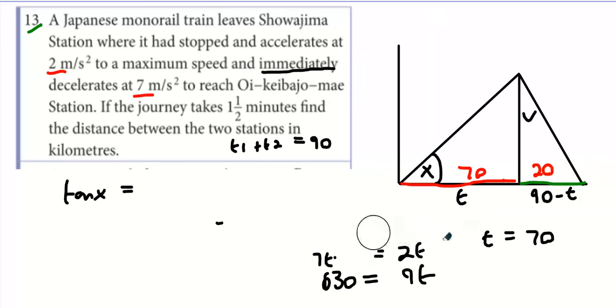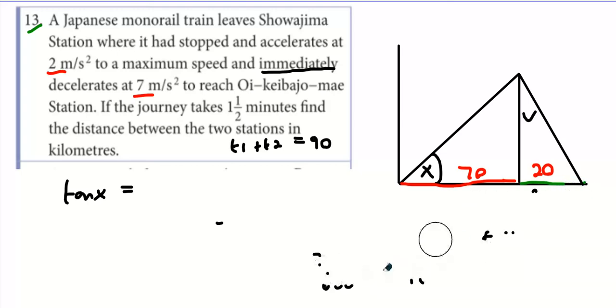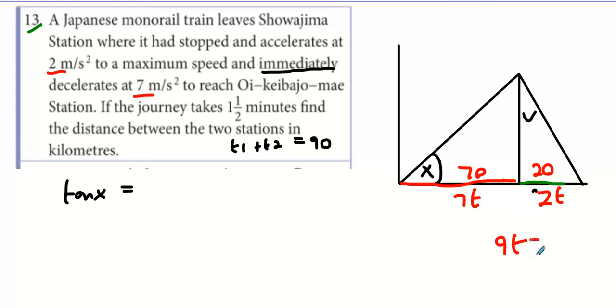I was almost trying to be too smart. Like, the way I would have done it the other day would have been like this. I would have said that's 2t and that's 7t, wouldn't I? What's 2t plus 7t? And 9t equals 90. T equals 10. That makes that section 20 and that section 70.